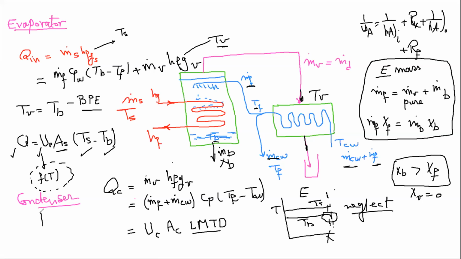Why? Because in the condenser, yes, one of the streams is at a constant temperature, which is TV, but the other stream, which is the seawater, is going to increase in temperature. So this is T cooling water, and this is T feed. So we have a delta T1 here, a delta T2 here. So delta T2 minus delta T1 divided by ln of delta T2 over delta T1 is the log mean temperature difference.